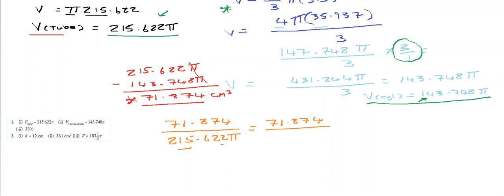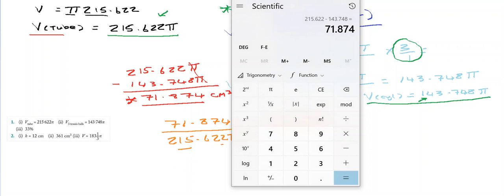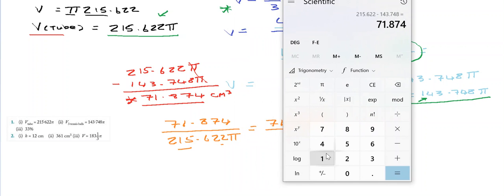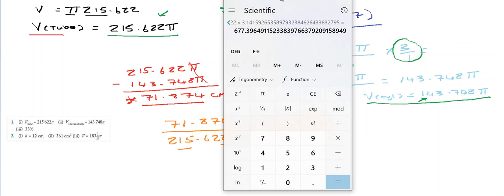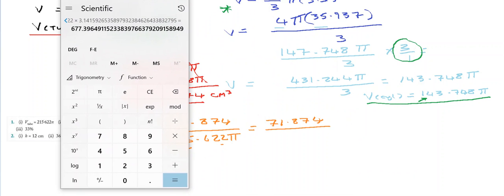I multiply this out first. So where is my calculator? Here it is. So 215.622 multiplied by pi is equal to 677.396. Let's keep 3 decimal places.